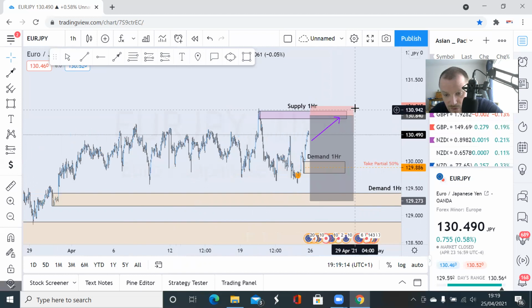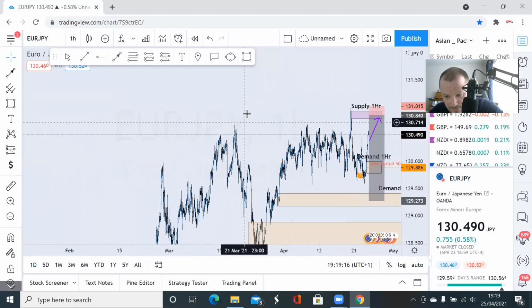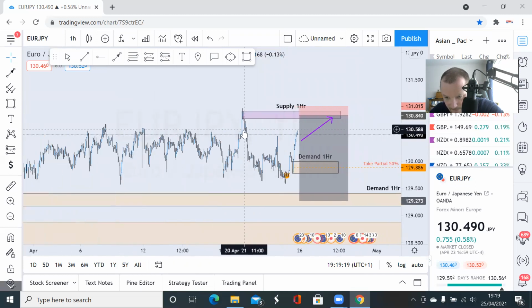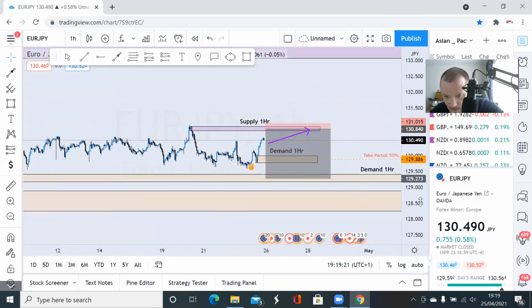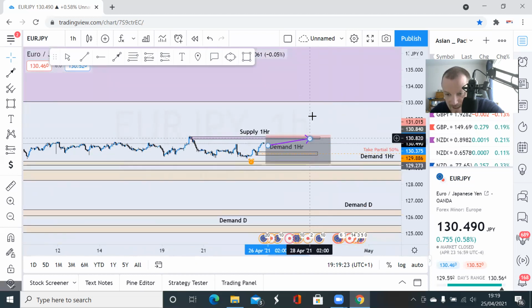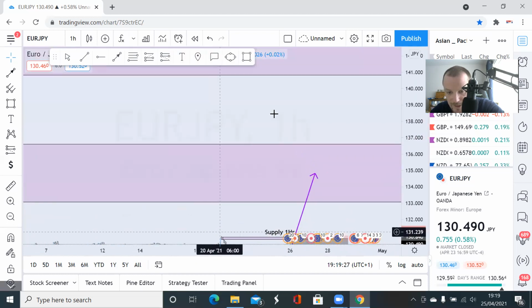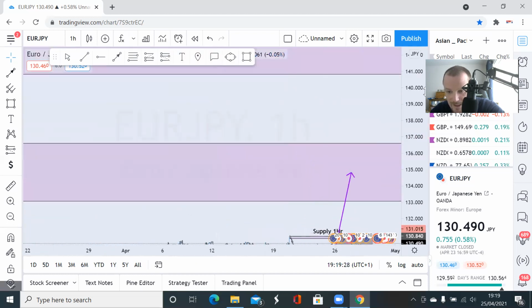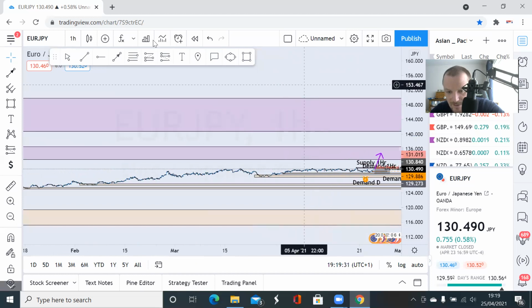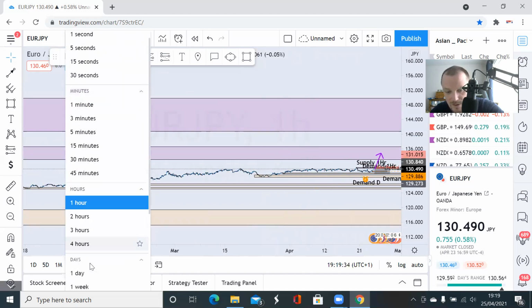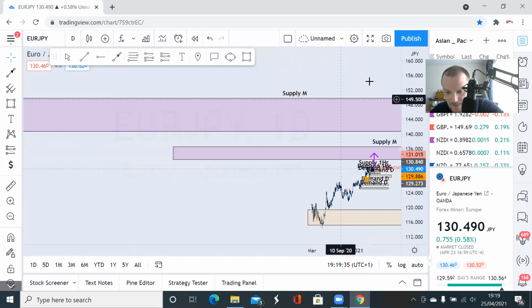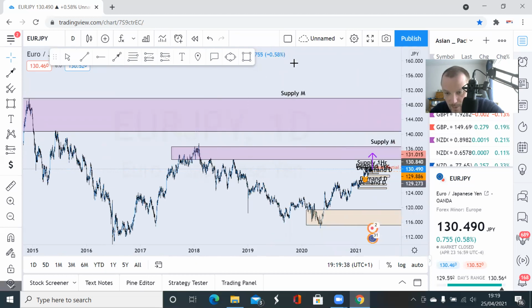Okay, so I'm just going to scroll out. We do have the higher side and a big area on the monthly. Again, remember, these areas here, just scroll out. We'll go on to the daily. So those were the monthlies, okay?